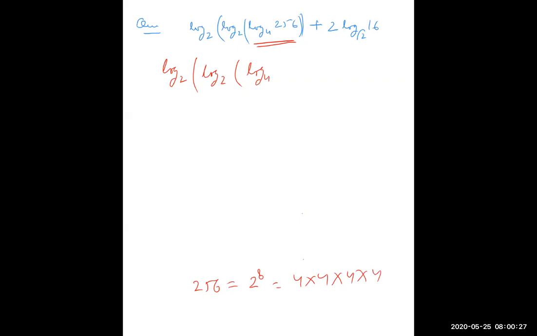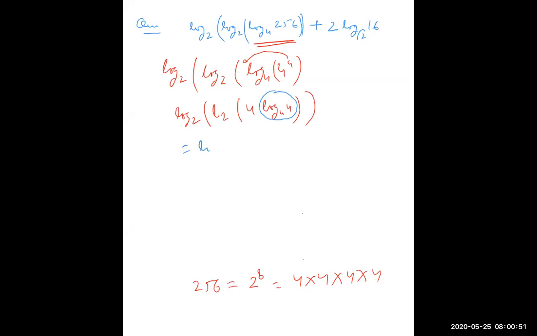So I'll write this as 4 raised to power 4, and this 4 will come in front. So this is log 2 of 4 log 4 of 4. Now log 4 of 4 will be 1.